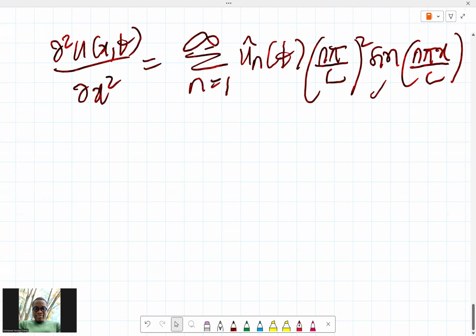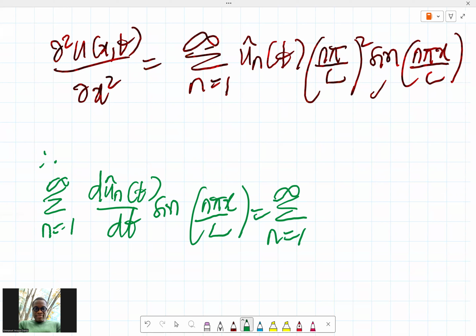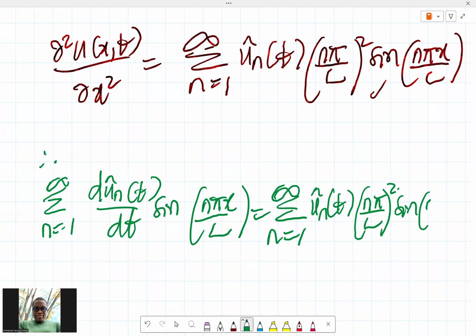So let me see what I can use here. We now have the summation from n equals 1 to infinity of du_n(t)/dt sine(n pi x / L) equal to the summation from n equals 1 to infinity of u_n(t) (n pi / L) all squared sine(n pi x / L).